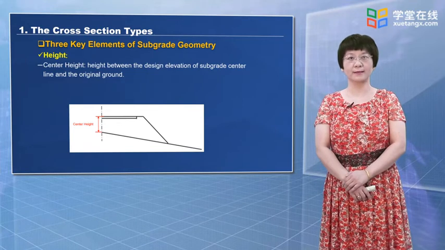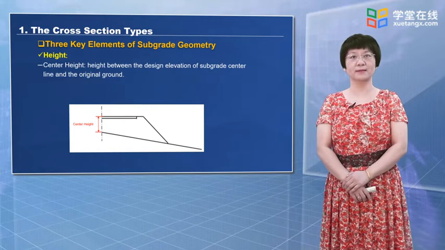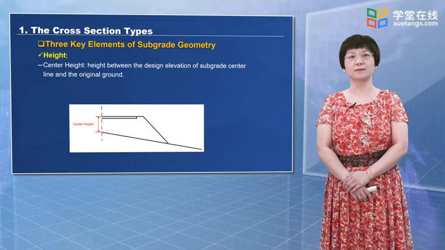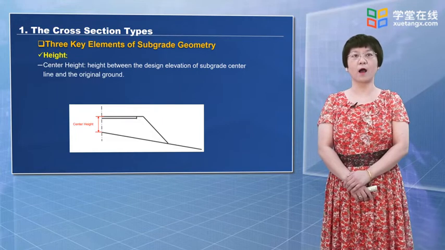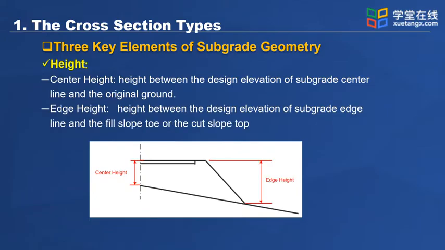The center height is the distance between the design elevation of the subgrade center line and the original ground, while the edge height is the distance between the design elevation of the subgrade edge line and the fill slope toe or the cut slope top, as shown in this figure.